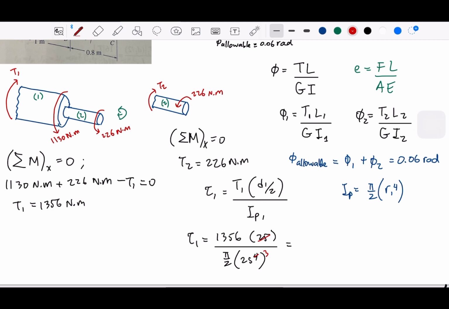Oh, wrong calculation. Sorry. Then multiply. Okay.